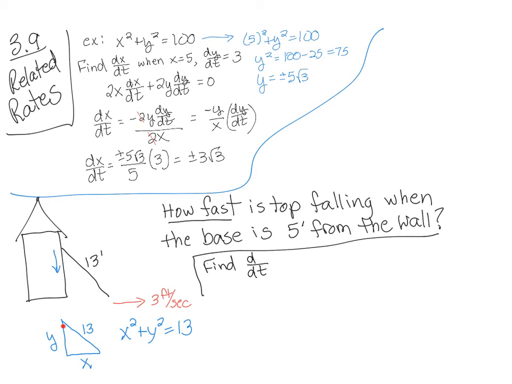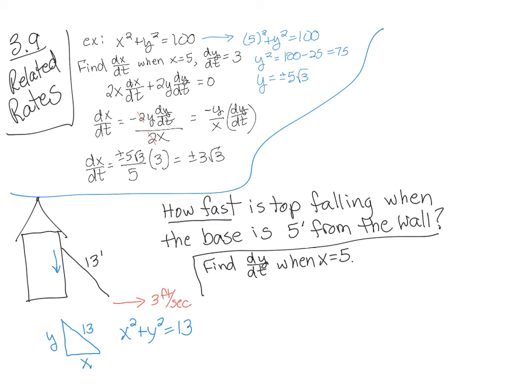So what's changing? The y value. Find how fast y is changing when the base is 5 feet from the wall. What will that be? That's this distance right here. So that's referring to x, when x equals 5. That's what you're being told to do.